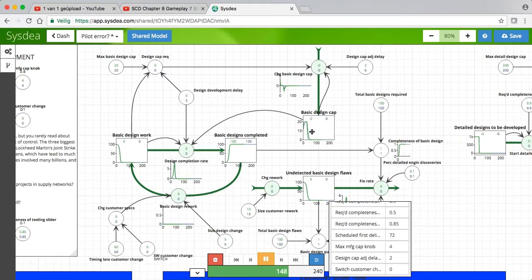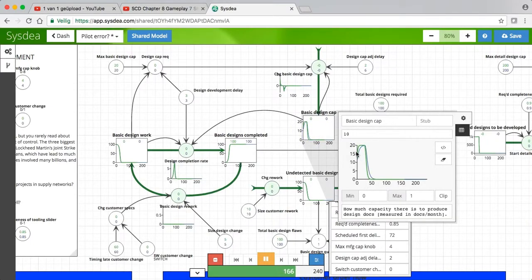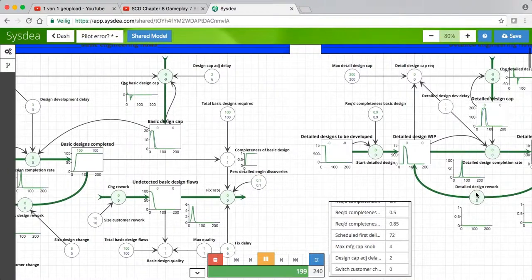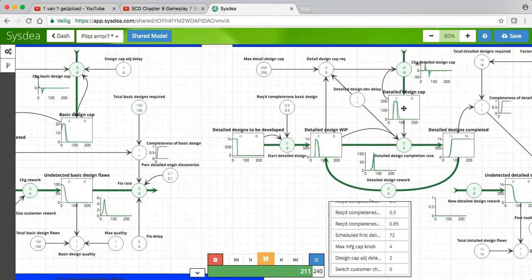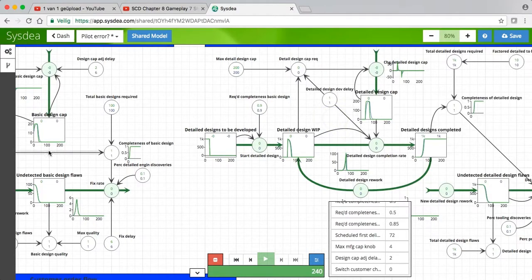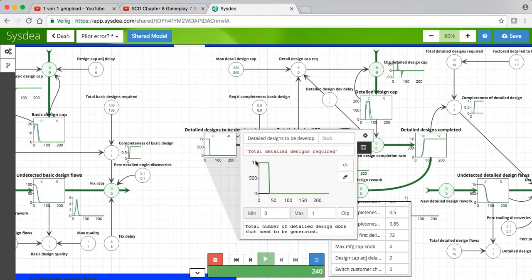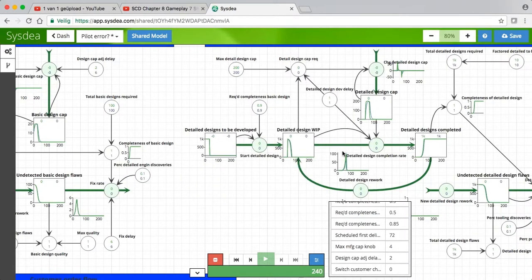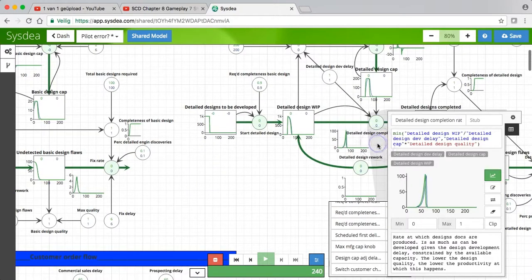Well, we do see that basic design capacity is scaled up faster and also scaled down faster. The same is true for the detailed design capacity. And because you've got a compounded effect of some benefits from basic design moving into detailed design, we do have some improvement in performance.